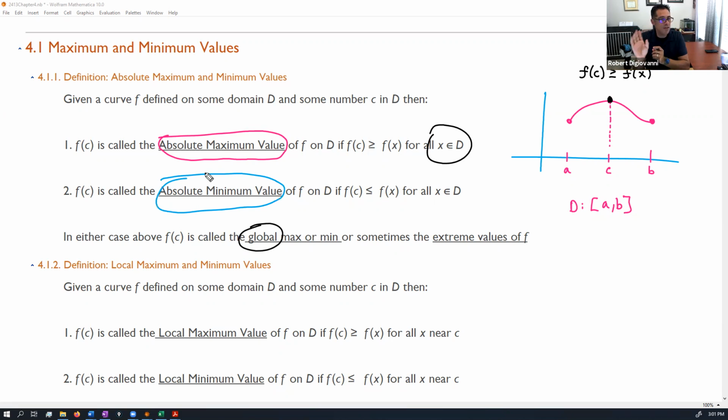Do I need to draw that, or y'all okay? You understand it would just be the bottom point. That's all right. So an absolute maximum or global maximum is the highest point of the graph within some interval. The absolute minimum or global minimum is the lowest point on the graph within some interval.